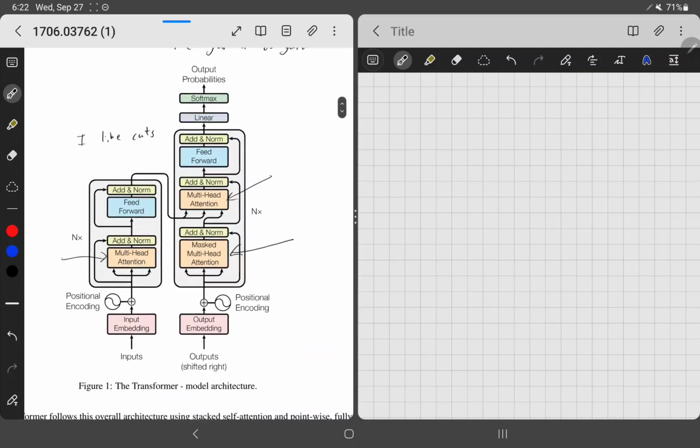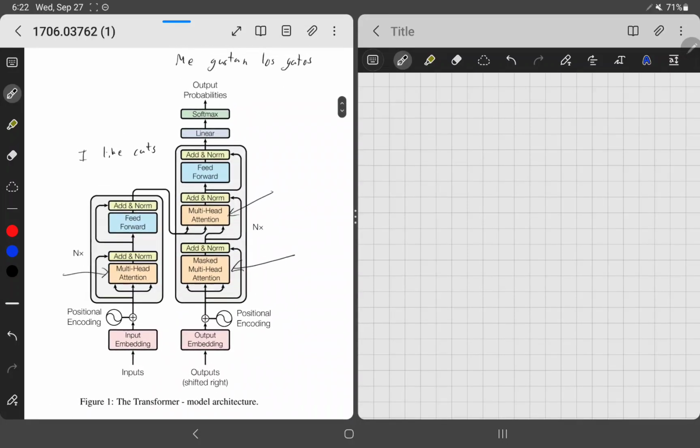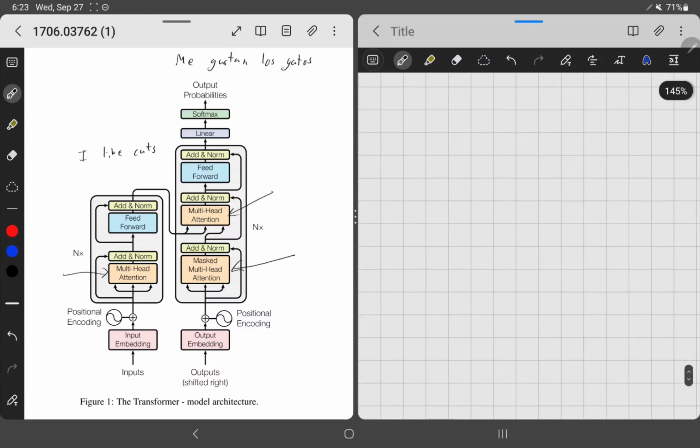So just to be clear, before transformers were a thing, they used RNNs to do language translation. You feed in "me gusta dos gatos," and it would output "I like cats."